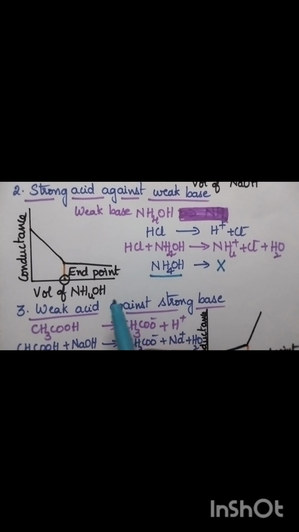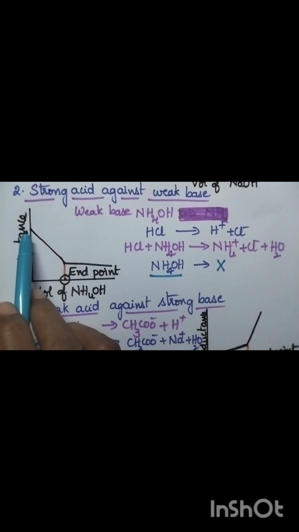So, as we draw a graph of volume of NH4OH against conductance, initially the conductance of the acid is very high. Its conductance slowly decreases. After reaching the end point, there will be no change in the conductance. Hence, it is the end point.